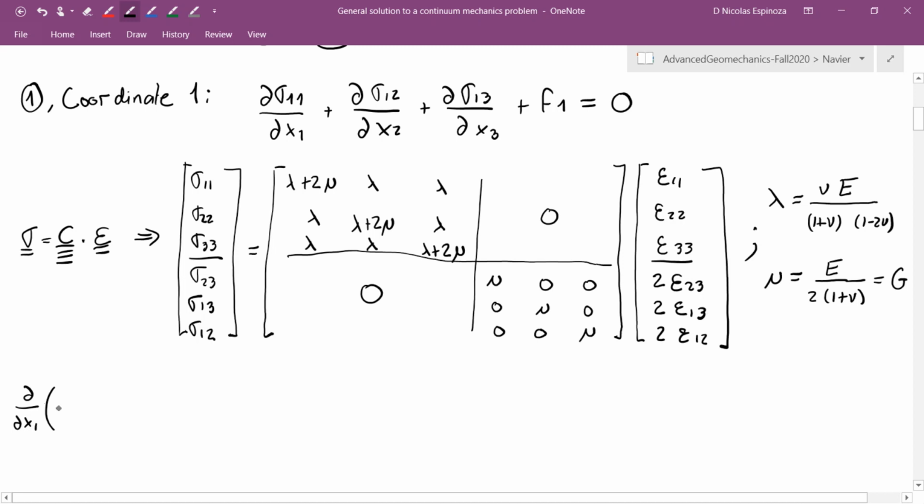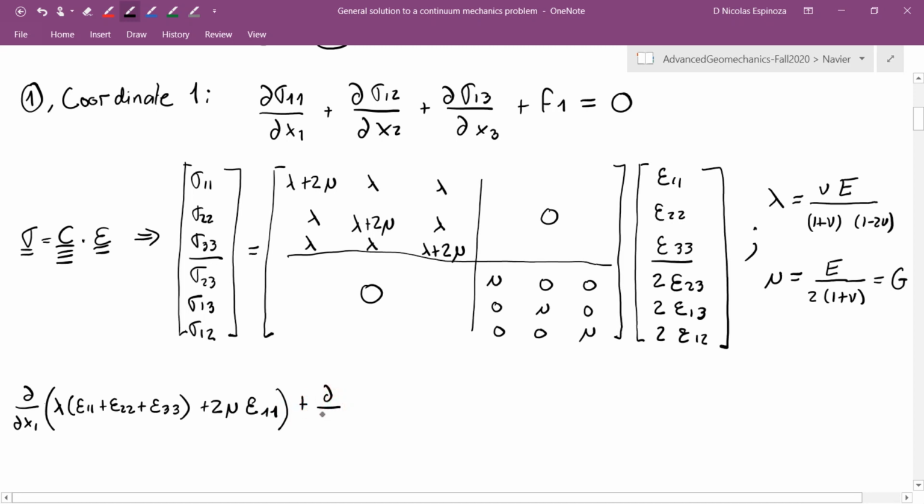So what I'm going to do is use as a common factor lambda, since it appears in all the strain terms, and I'm going to separate these and put 2 times the shear modulus over here. And remember that this 2 is coming from over here. All right, that's sigma 11.